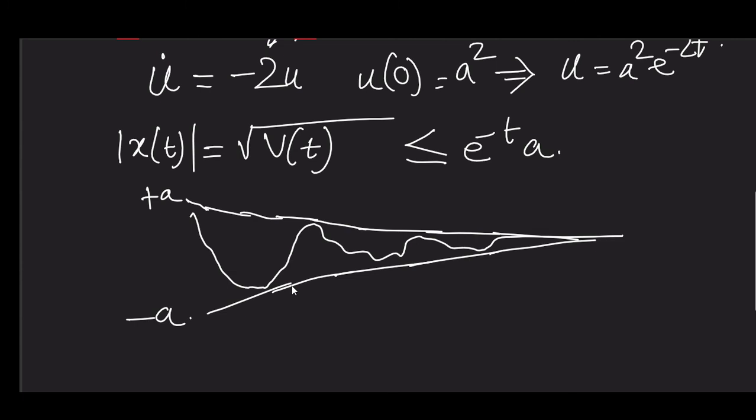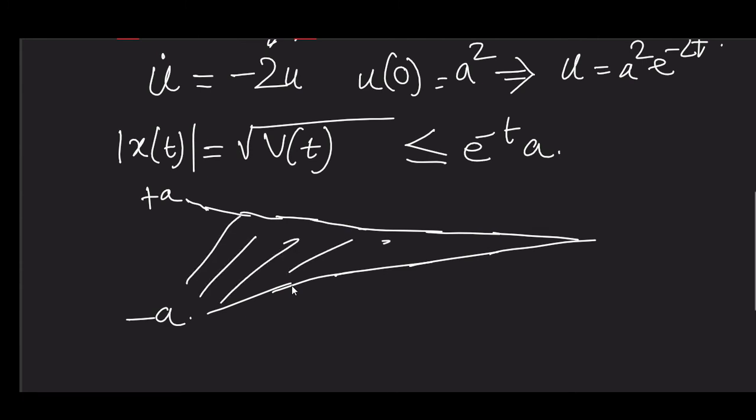Whatever be the value you get, it may so happen that it decays monotonically. It can have certain oscillation, but what we can say is that it will never leave this band. At t is equal to 0, it is minus a and plus a, and this envelope is governed by e to the power minus t, on both sides.